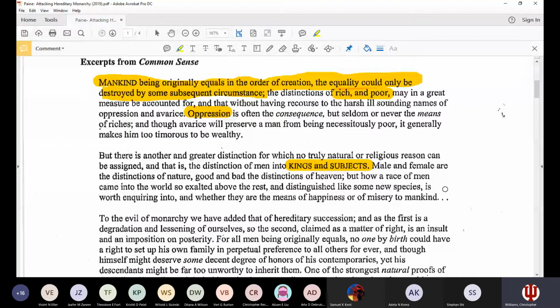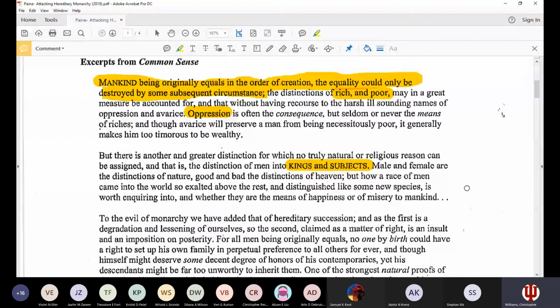Over time, that gap has widened and people have just come to accept that as the norm. Paine is very concerned about that because that's not the way it should be. It shouldn't be that kings feel they are so much better than everybody else, or that the difference is wider than it's ever been before.